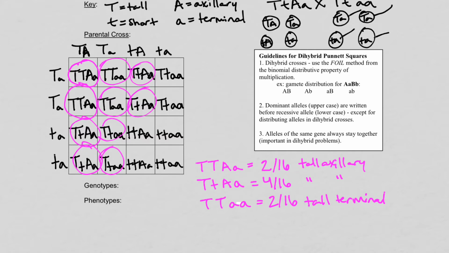2. 4. And that is the same. And then I've got 2 for homozygous short and heterozygous axillary.